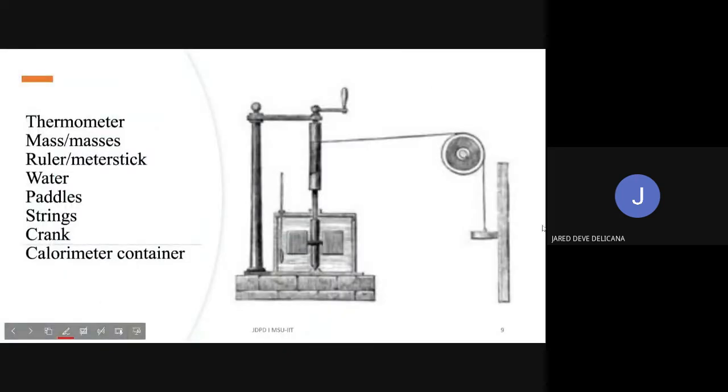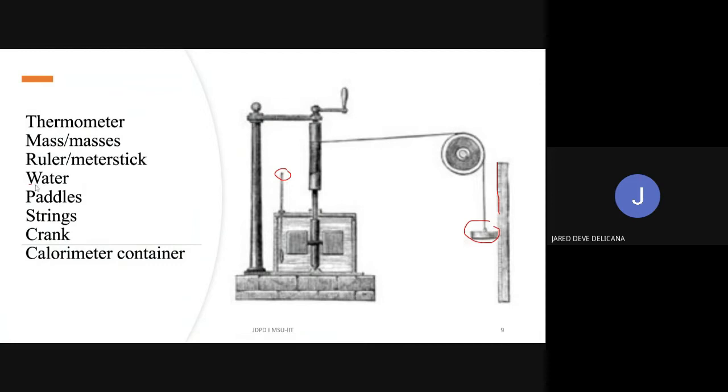This is the classic experiment of Joule. It has the thermometer here, and mass or masses in here. This is the ruler, or any device for measuring the change in height of this mass here.